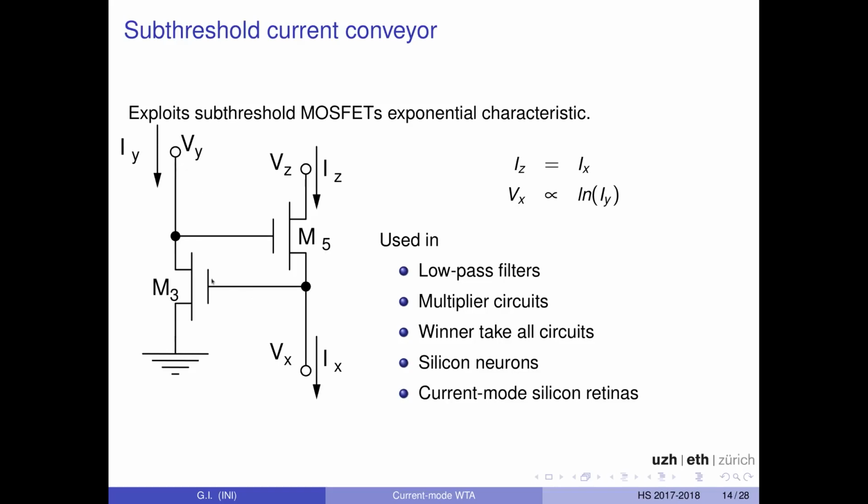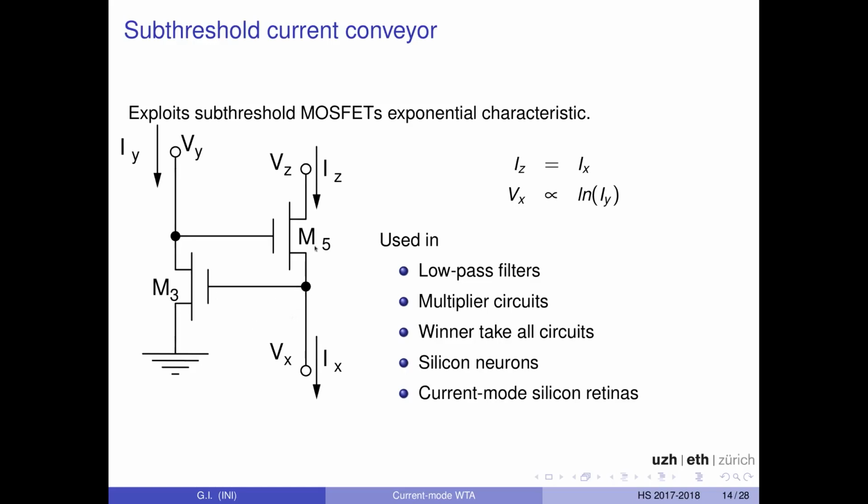Remember, if we set a gate voltage, the current is exponential with the gate voltage: I is equal to e to the kappa VGS. If on the other hand we force an input current, the gate will just go to the log of the current. So it's the same. So Vx is the log of Iy. Vx is this node here.